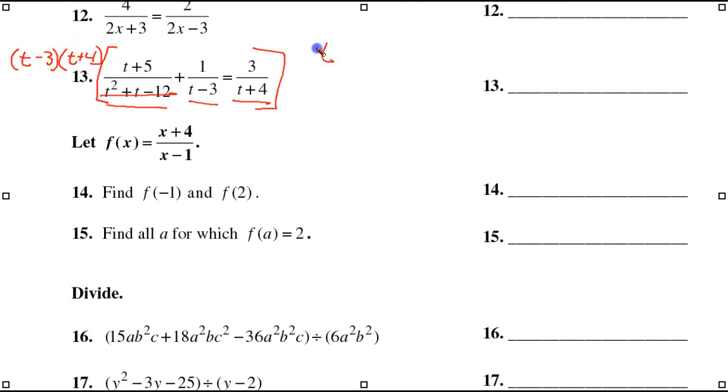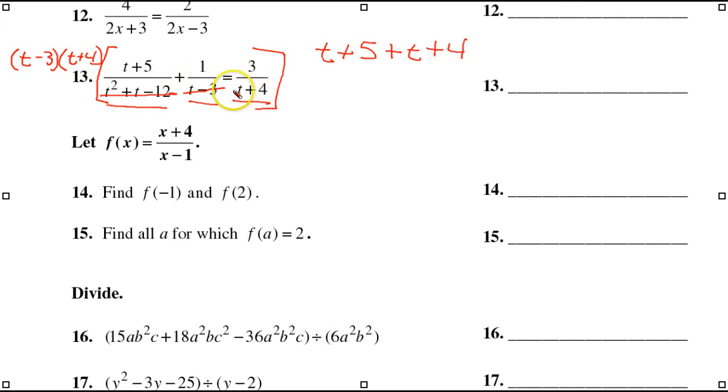So you're just left here with t plus 5. Now this one, t minus 3, will cancel with this one. So you're just left with 1 times t plus 4. So t plus 4.